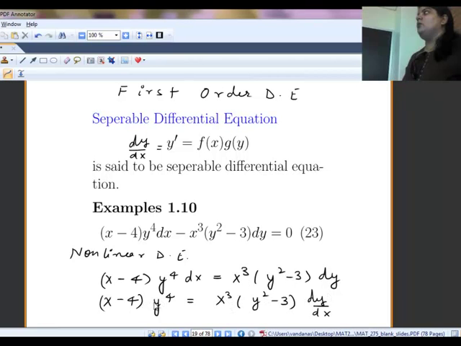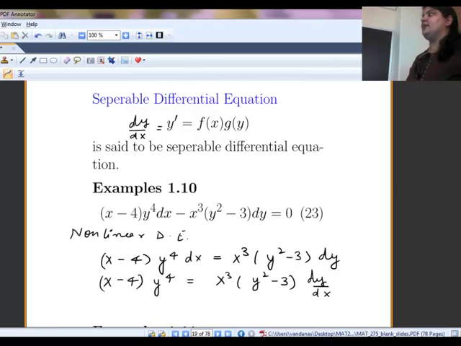Okay. So now dy over dx starts showing up, and I still have these functions here. So let me divide by the other side. So I will get x minus 4 y to the power 4 divided by x cube y square minus 3.